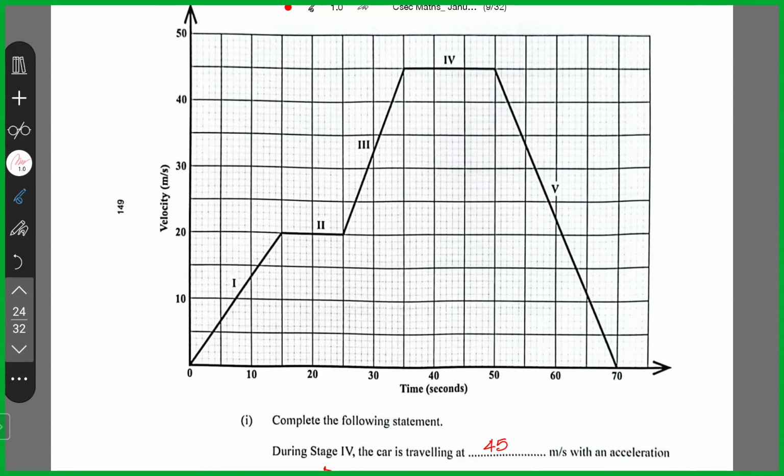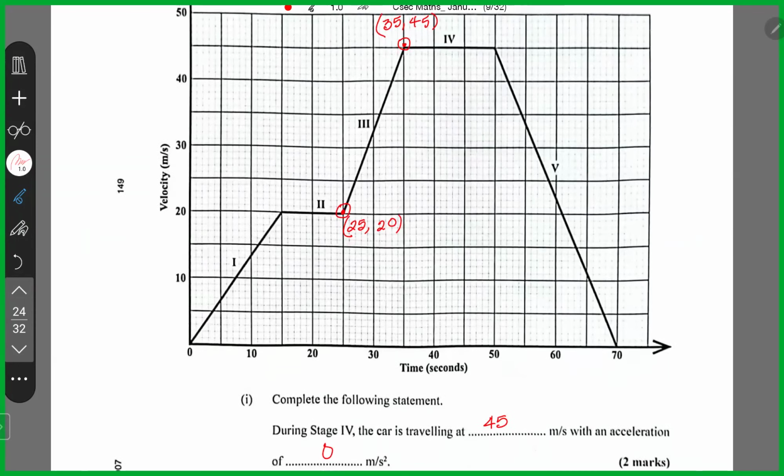So I think that the gradient is steepest at stage 3. That starts here. This is the point 25, 20. It ends here. This is the point 35, 45.